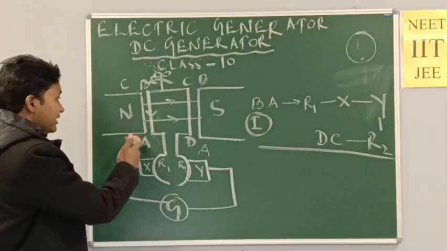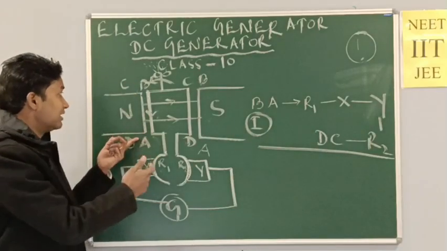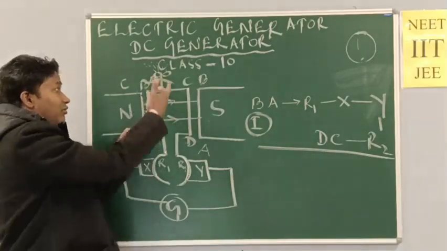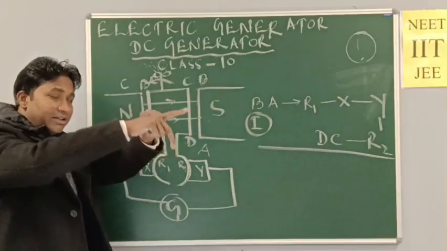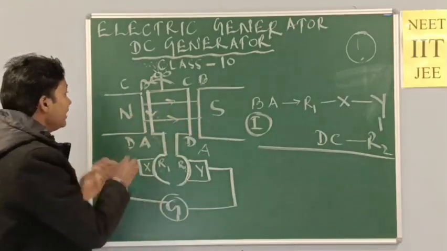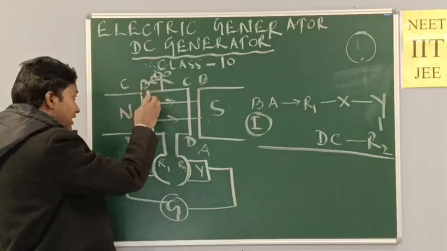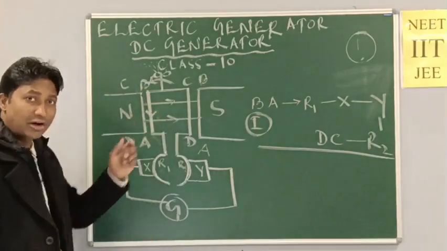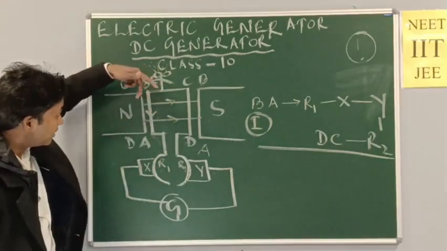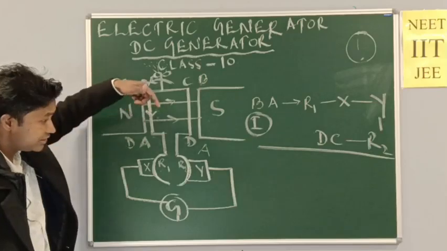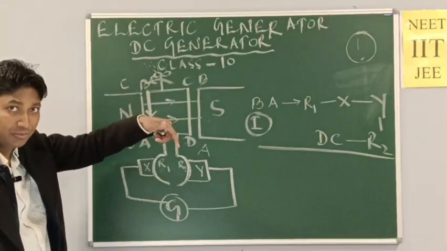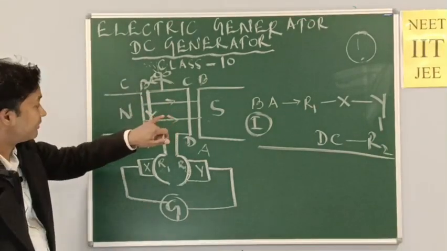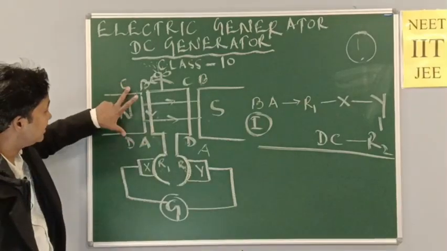Here CD, see here CD, anti-clockwise rotation. Again like this, then we will get again the direction of current is downward. Again the induced current is downward. We should apply Fleming's right hand rule. This is CD.